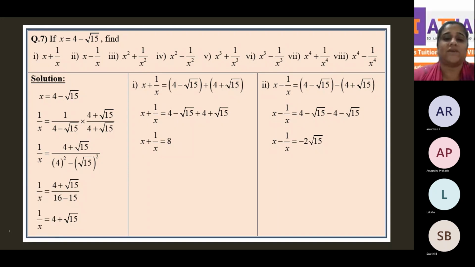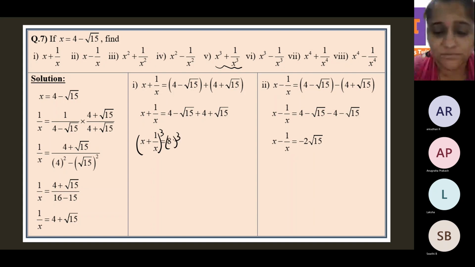So I was telling you to find the value of x cubed plus 1 by x cubed. We need to cube this on both the sides. x plus 1 by x, the whole cubed, is equal to 8 cubed. Now we just learned the identity, right?